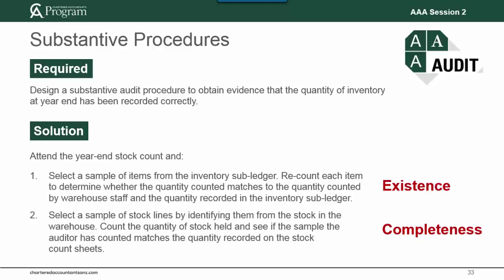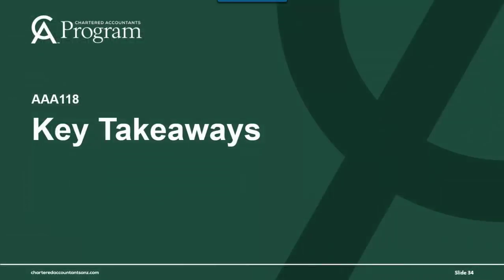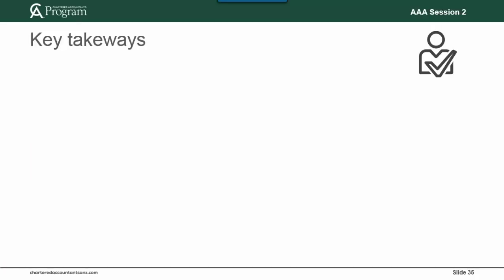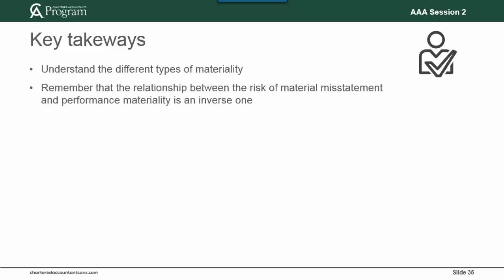Well, now that we've answered the required A, B, and C, there are some key takeaways that we'd like to wrap up with today. Understand the different types of materiality. Remember that the relationship between the risk of material misstatement and performance materiality is an inverse one.